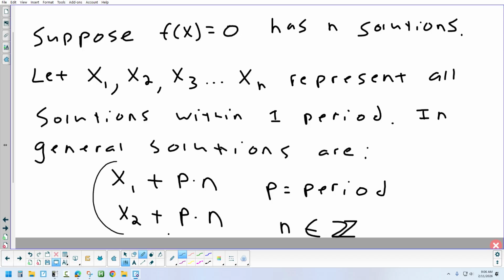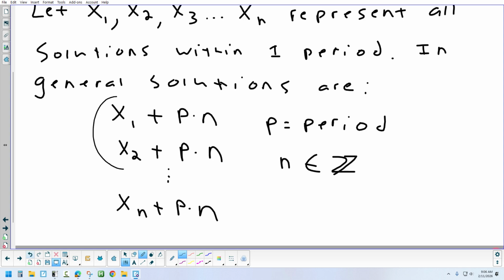So when you put plus the period times n, you're saying that you can add or subtract integer multiples to your answer to get answers in other cycles. Any questions on that? Okay, you have to write down every answer that's in one cycle. If you don't write all the answers in one cycle, that's not correct. You have to write all the answers in one cycle.